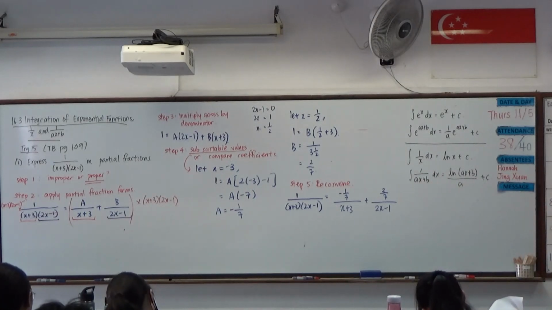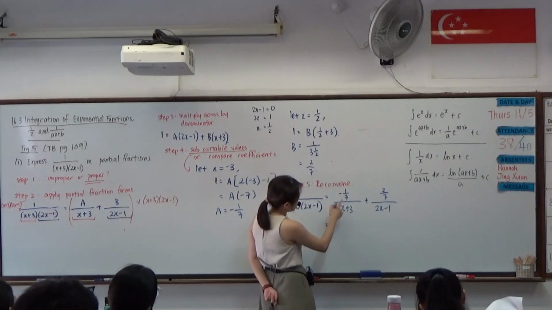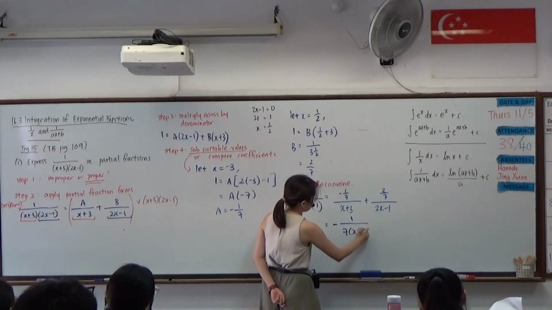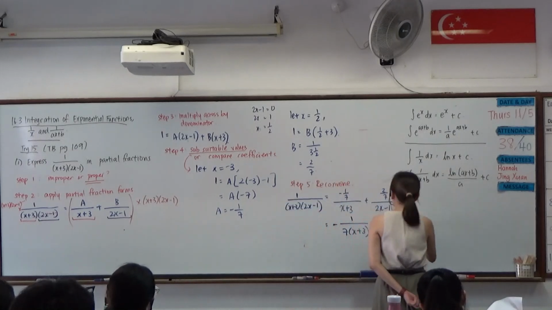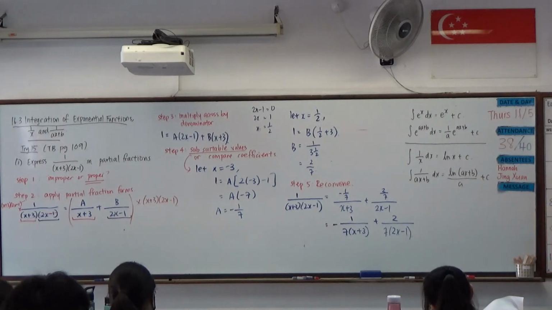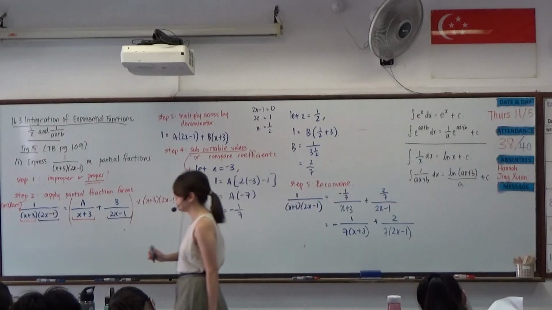Cannot leave an answer like that, okay? Cannot be a multi-layer fraction, cannot leave it like a kueh lapis. So, need to bring the 7 down: −1 over 7(x + 3) plus 2 over 7(2x − 1). So that will be the answer for the partial fractions.